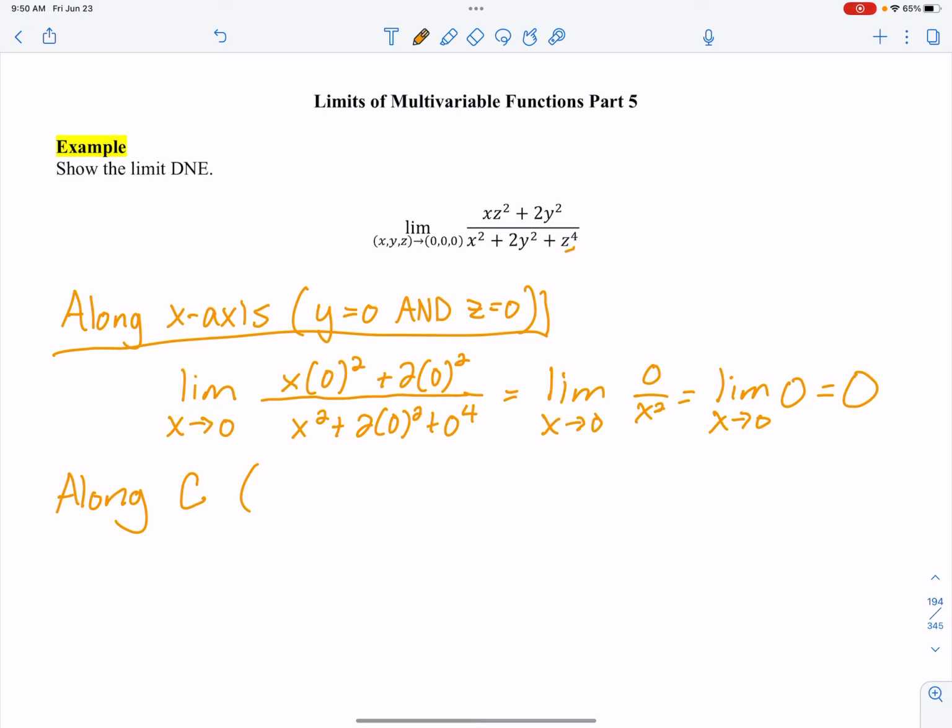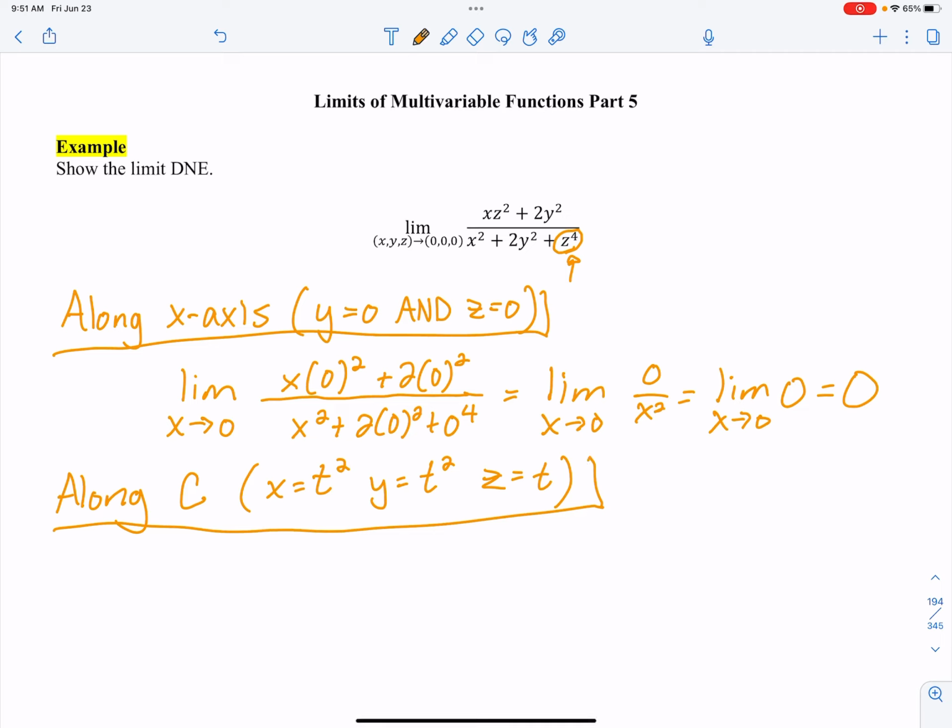I see that z has to the 4th power, so it'd be nice if I could turn these to the 4th power. So I have x equals, y equals, and z equals. I'm just going to let z equal t. So when I plug in t up here, I get t to the 4th. So I'm trying to get t to the 4th on the other ones, which means they would need to be t squared because I'm going to square them. All right, so there's my path.